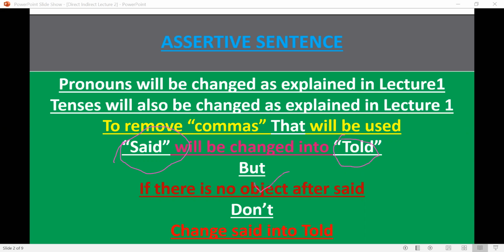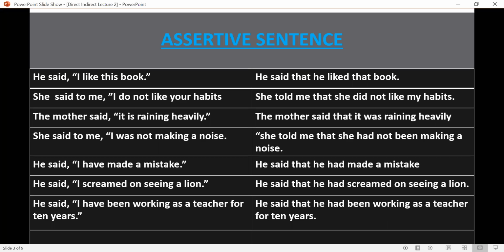Like, he said, I like this book. Here we find no object, so we kept the said as it is. To remove these commas, we have used that.